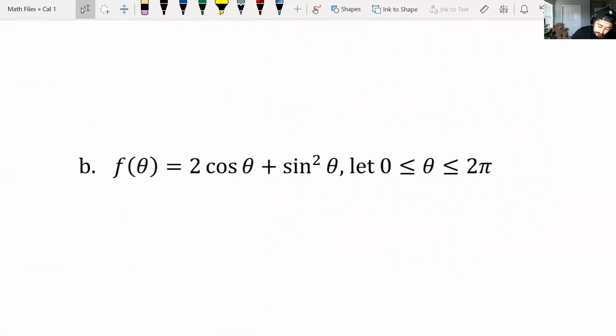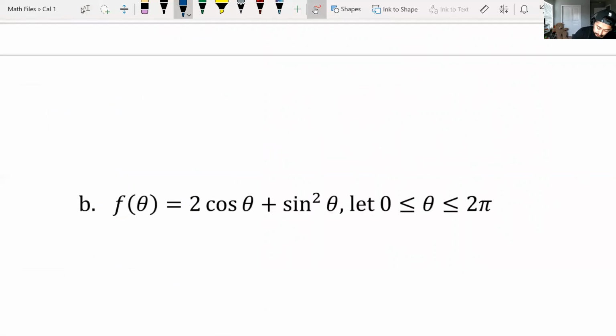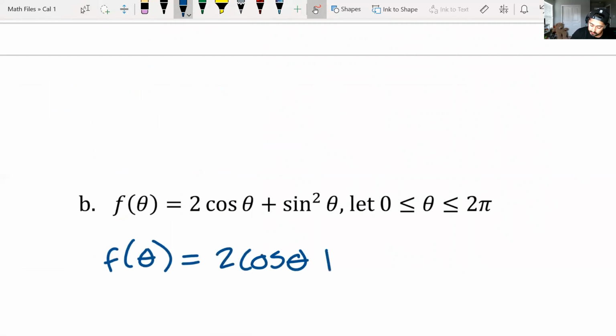Let's do it. Let me rewrite this first as f of theta equals 2 cosine theta plus sine theta squared. So sine squared theta, I'm rewriting as sine theta squared for derivative chain rule purposes to make it look nice and neat.